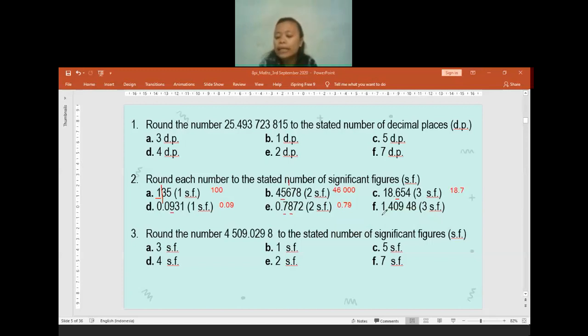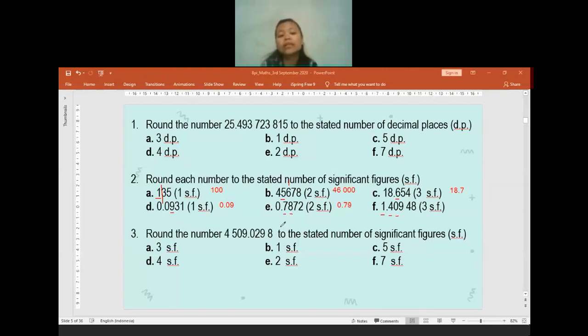So 1 is significant, 4 is significant, and the 0 here is also significant. A 0 in front of a decimal is not significant, but a 0 in between or behind, especially at the decimal place, is significant.